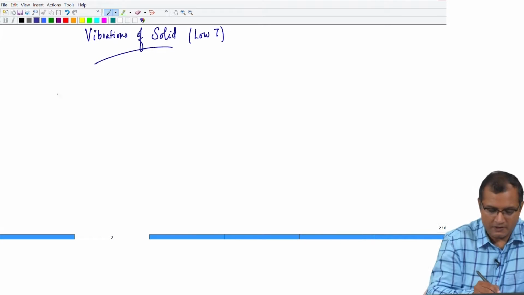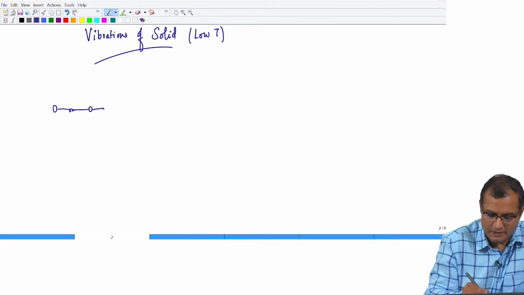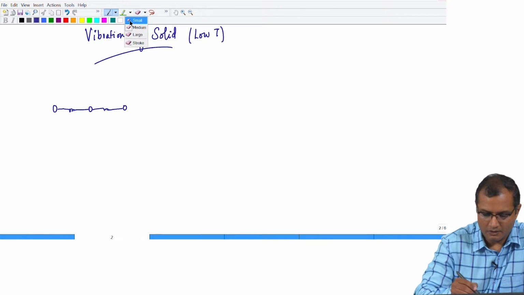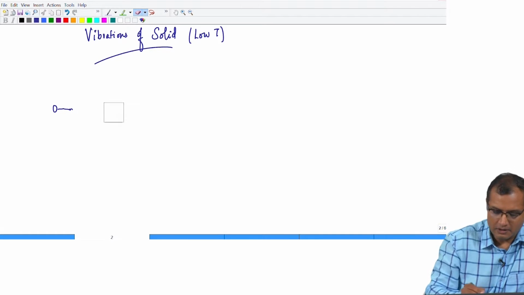This is because we can think of a solid at low temperature as a network of ions, and this is basically to simplify the whole picture.